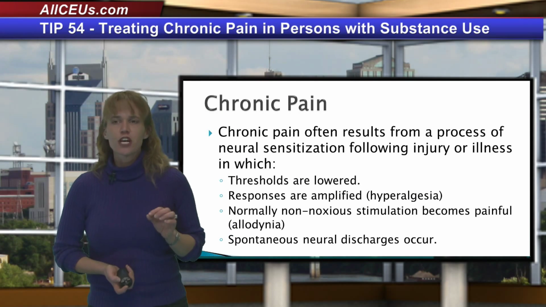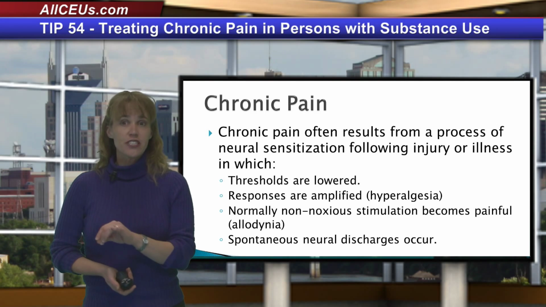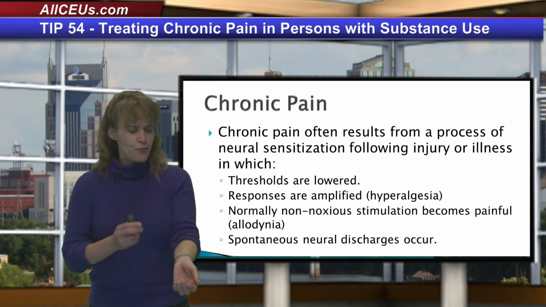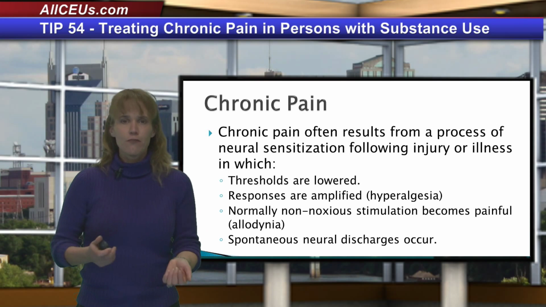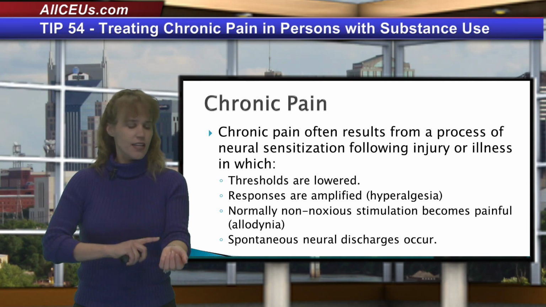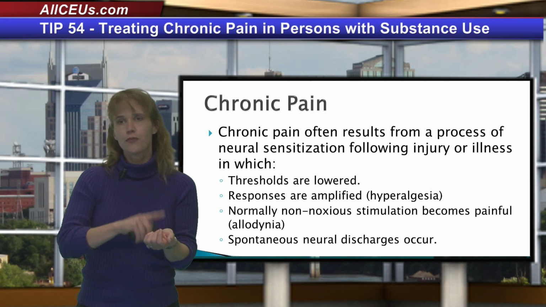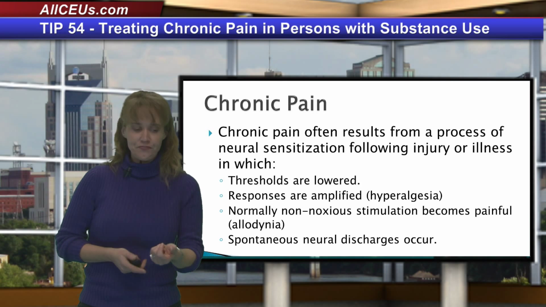Chronic pain often results from a process of neural sensitization following injury or illness in which thresholds are lowered. So, okay, normally it may not hurt to touch, but then maybe you have surgery and they cut that arm open, say carpal tunnel surgery, and they sew it back up.